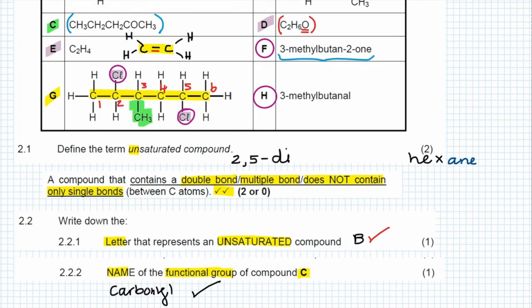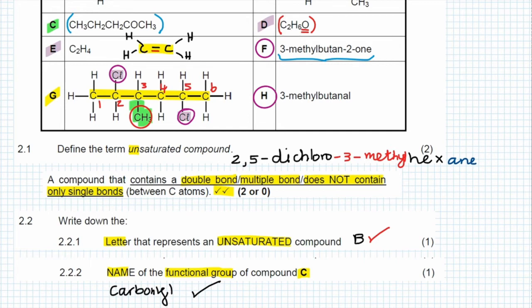Di, please do not forget this prefix. Di means there are 2 chlorine atoms. We use the word chloro to describe the chlorine atoms. Then we need to indicate the position of the methyl group. This is the methyl group, or a branch. It falls on the 3rd carbon, and we therefore say 3-methyl hexane.